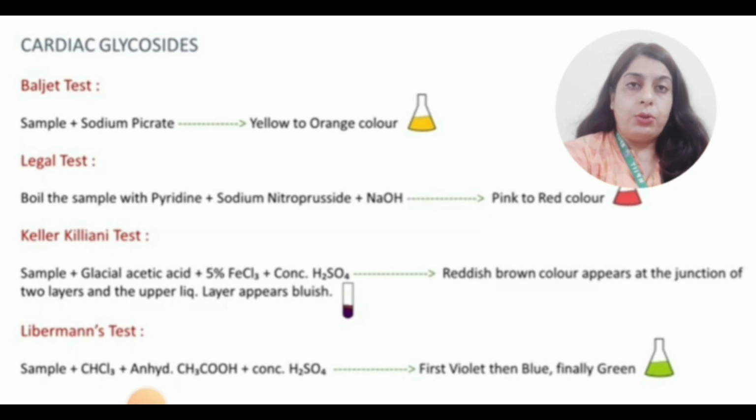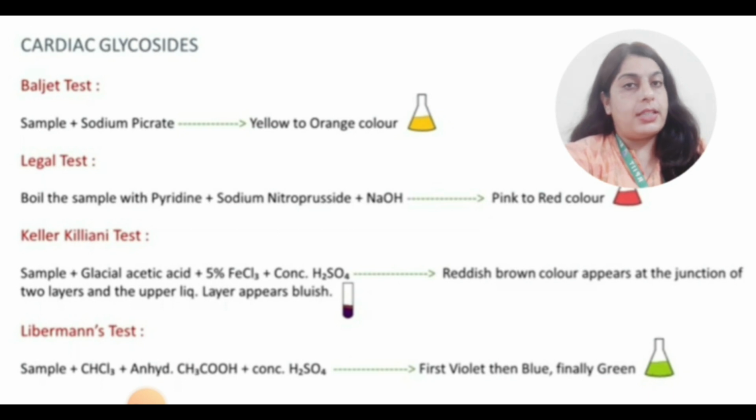Two layers are formed, an upper layer and a lower layer. The upper liquid layer appears bluish and the lower layer consists of the reddish brown junction. This is the Keller-Kiliani test.